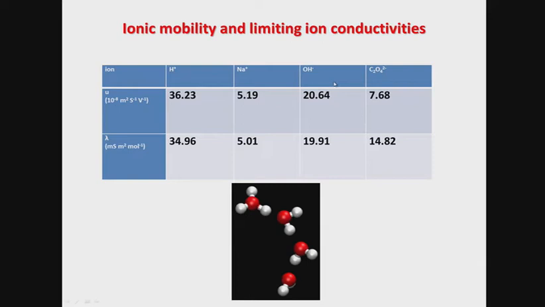And this explains why these 2 ions are so much more mobile than their counterparts like Na plus or oxalate dianion. Na plus and oxalate dianion are anyway expected to be much slower, having a much lower mobility and hence contributing much less towards the ionic conductivity of the solutions.